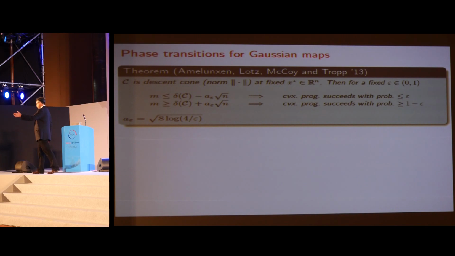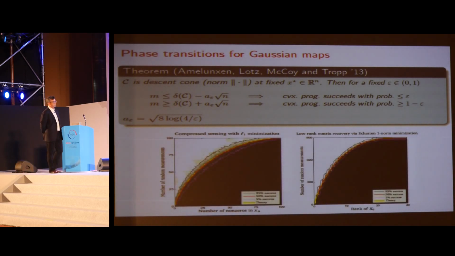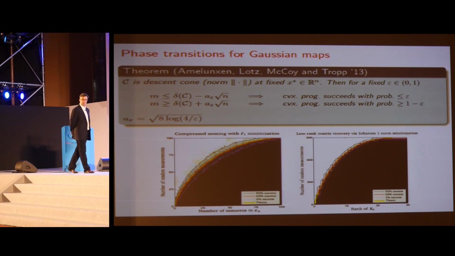Whereas if the number of equations is slightly above the statistical dimension, then you have success with very high probability. And so this describes a phase transition diagram between two regions, regions of failure and regions of success, which looks like this.